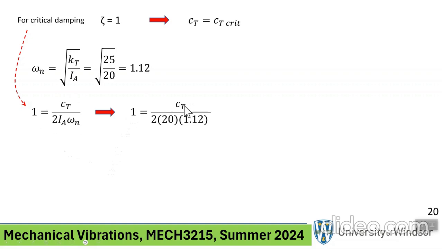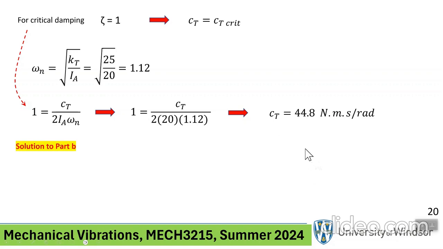So 1 equals CT divided by 2 times IA, which was from the previous slide, it's right here, and omega, which I just calculated. Remember, here I can also say 2 square root of IA times KT. That's the same thing. And that'll give you the value of CT. Okay? That answers the first question.